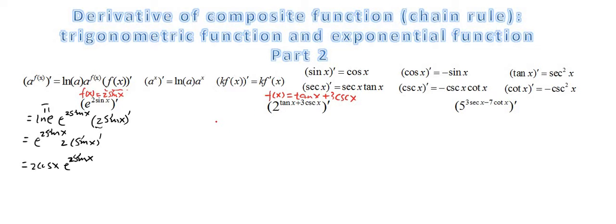Now let's follow the formula. ln a, here a is 2, ln 2 times 2 to the power f(x), that is tangent x plus 3 cosecant x, and we're going to do the derivative of f(x).